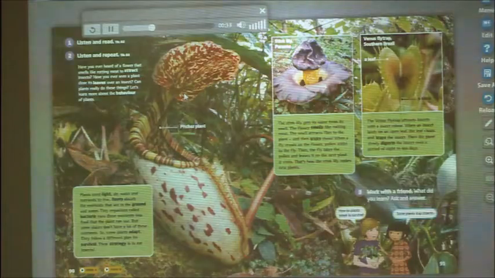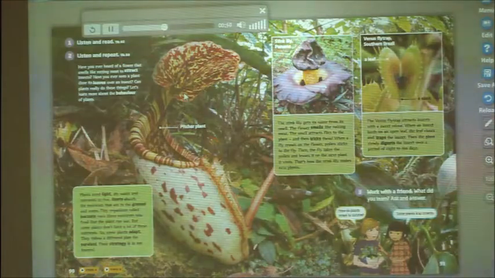Roots absorb the nutrients that are in the ground and water. Tiny organisms called bacteria turn these nutrients into food that the plant can use. But some places don't have a lot of these nutrients, so some plants adapt. They follow a different plan for survival. Their strategy is to eat insects. The stink lily gets its name from its smell.